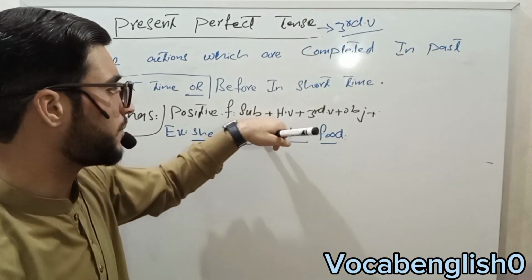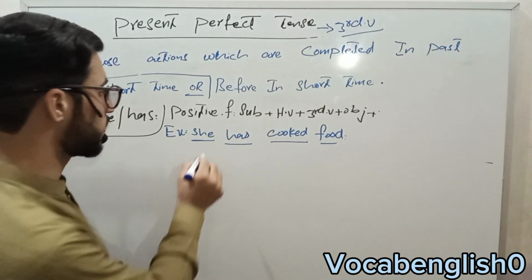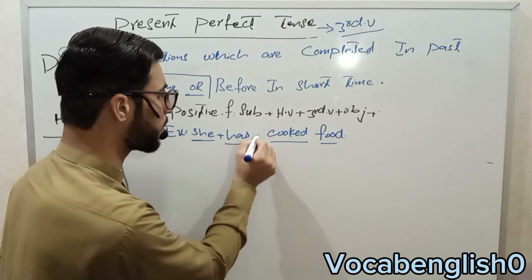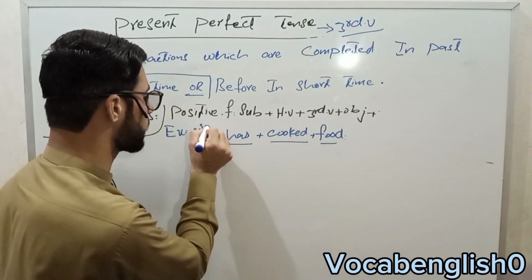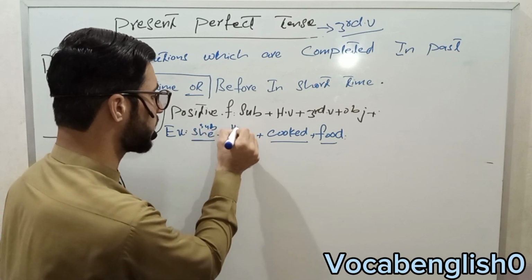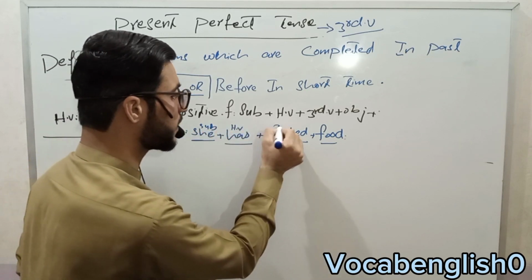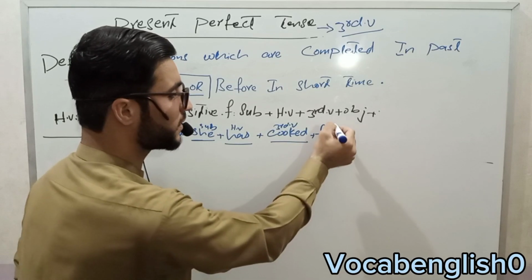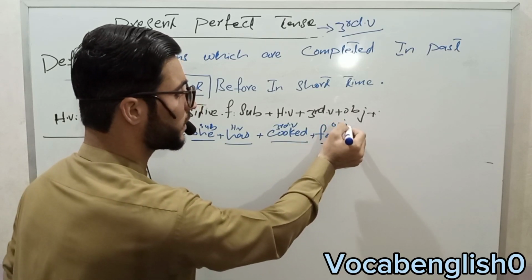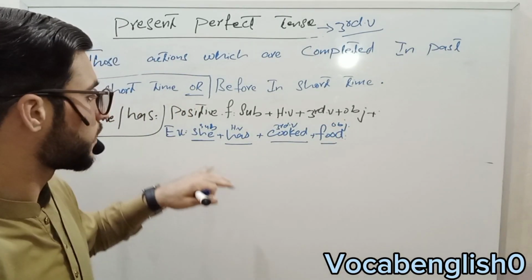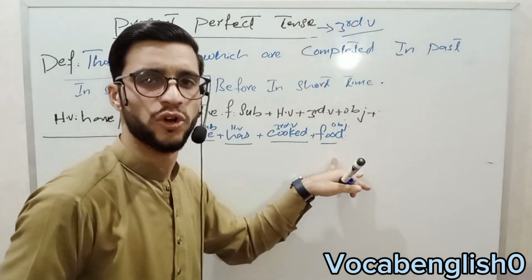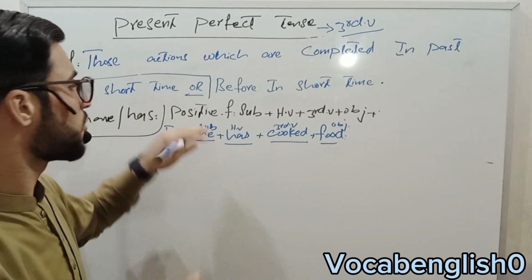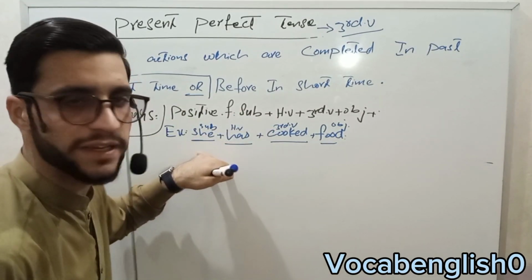So it is the same as a formula: subject plus helping verb plus third form of verb plus object plus full stop. So she has cooked food. This was the positive formula and positive example.